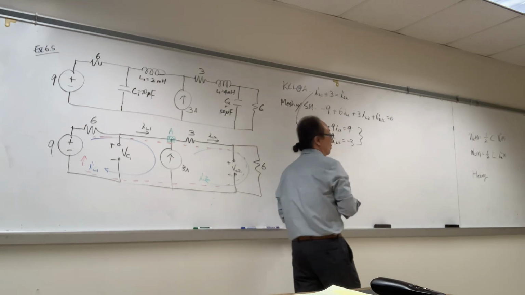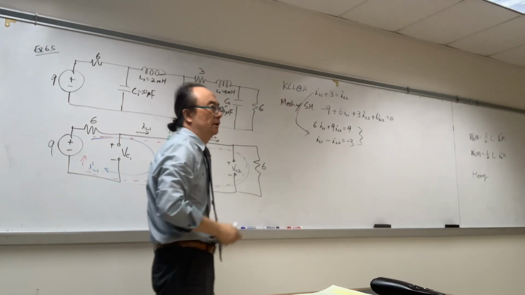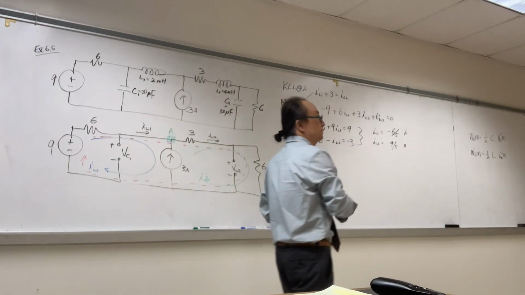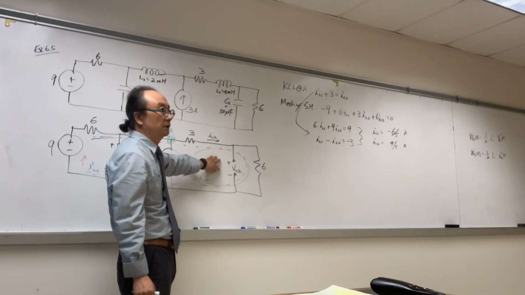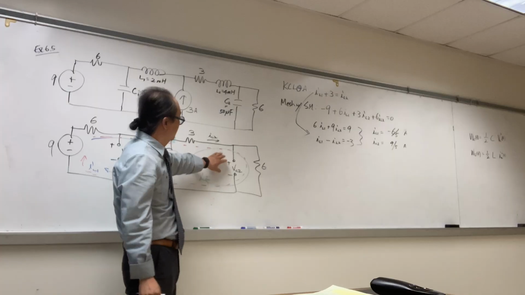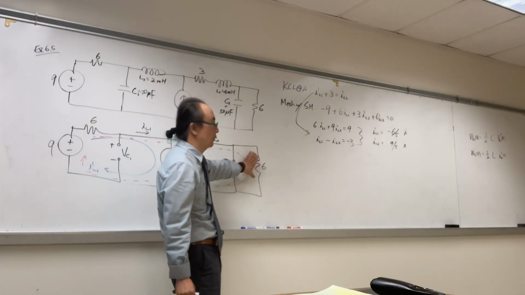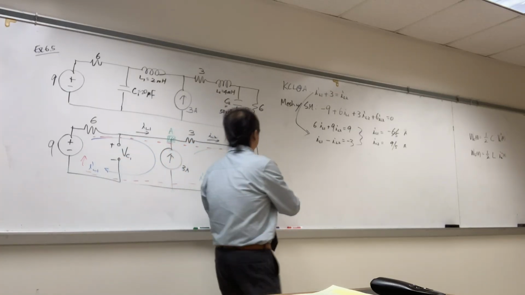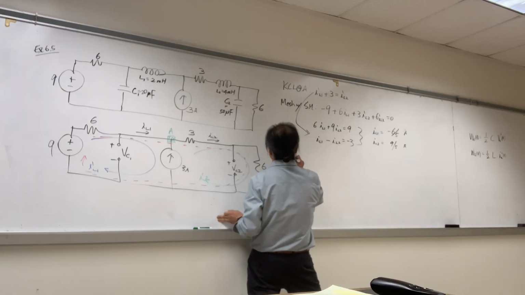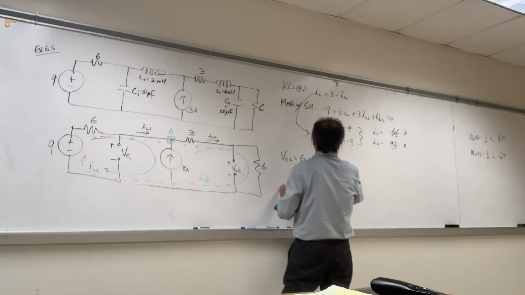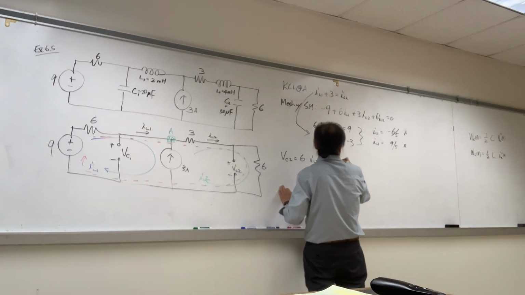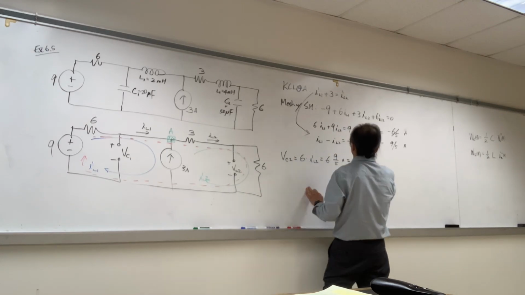3 equations and 3 unknowns. Calculator. Okay, so we have that. VC2, that's the easy one, right? The voltage across here is the same as the voltage across here. Therefore, VC2 equals 6 times IL2, which is 6 times 9 over 5, which is 54 over 5 volts.